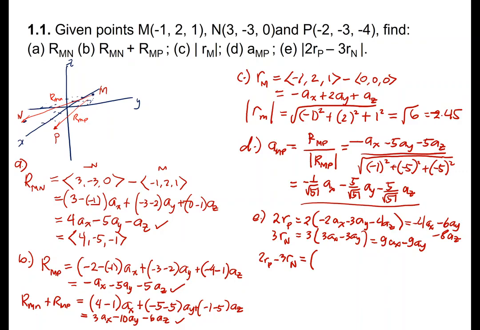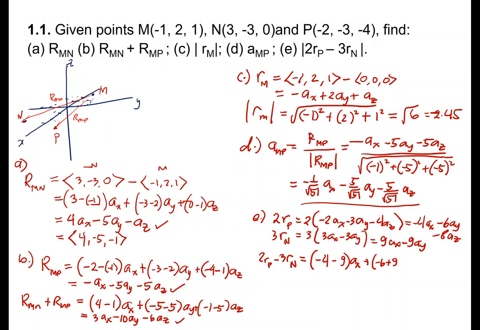We cannot subtract the AX component from the AY component. So we have negative 4 for the 2RP, minus 9 for the 3RN. Then AY: the difference between negative 6 and negative 9, so negative minus negative 9 gives positive 3.